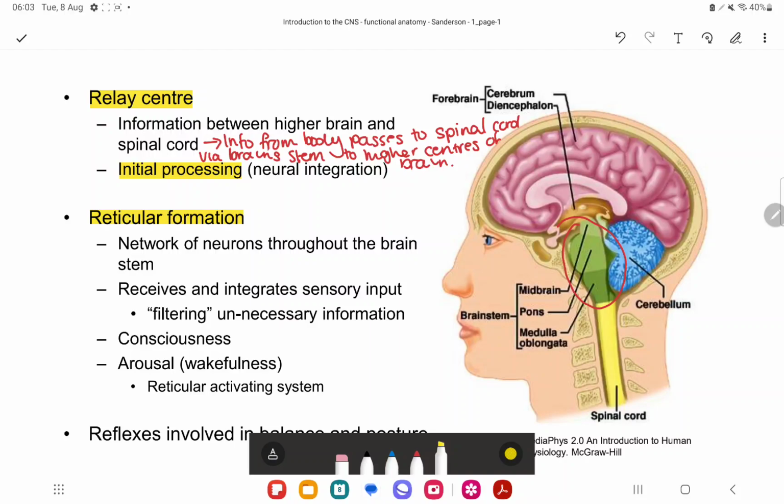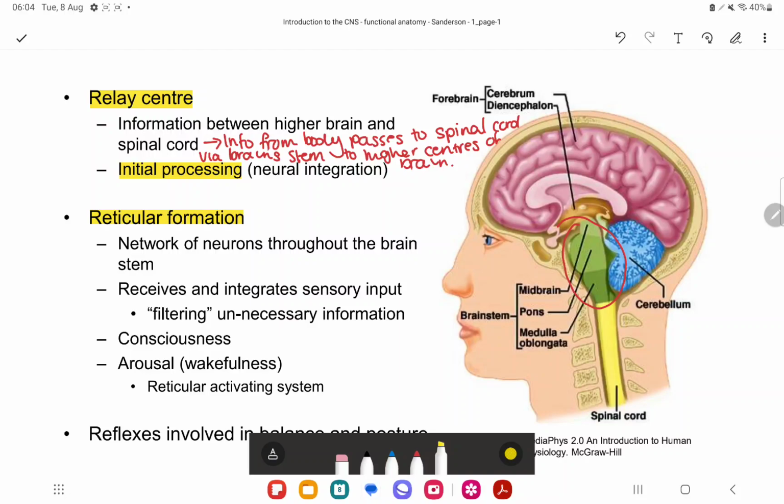And what happens here is that the brainstem, Julie has written over here, receives and integrates sensory input. What she actually means is that the brainstem receives all sensory information coming from the periphery.